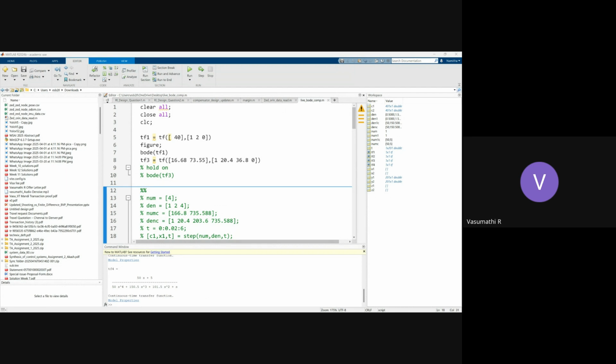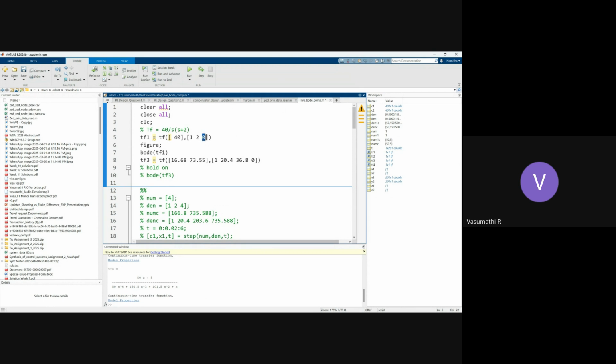Now, if you see, this is our system. Previously, I used to write the transfer function as 40 divided by s into s plus 2. This is your transfer function. So I have written it in terms of transfer function. This is the coefficient of the numerator. Denominator would be s square plus 2s, so I write the coefficients of s square, 2s and 0, because there is no constant term.